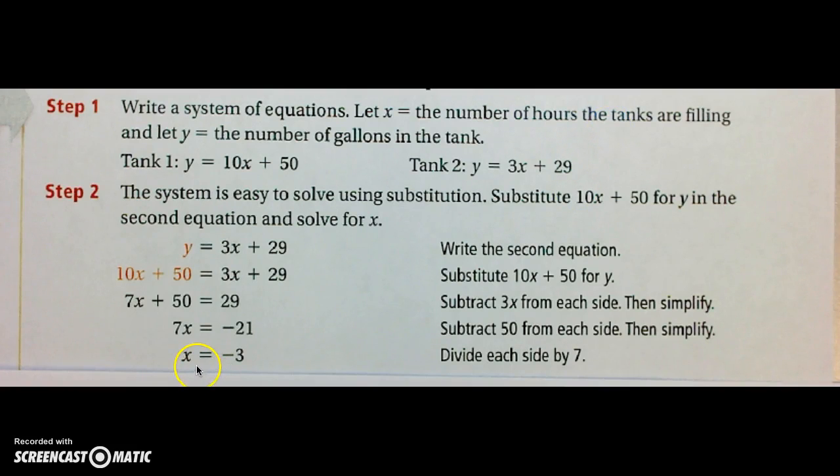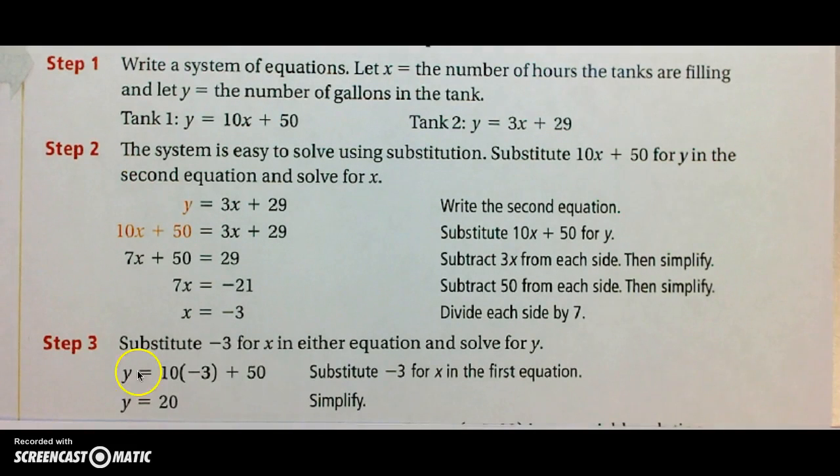So for these 2 equations, x is equal to negative 3. So then we substitute in our negative 3 for x in either equation, and we need to solve for y. So 10 times negative 3 is negative 30, plus 50 equals 20.